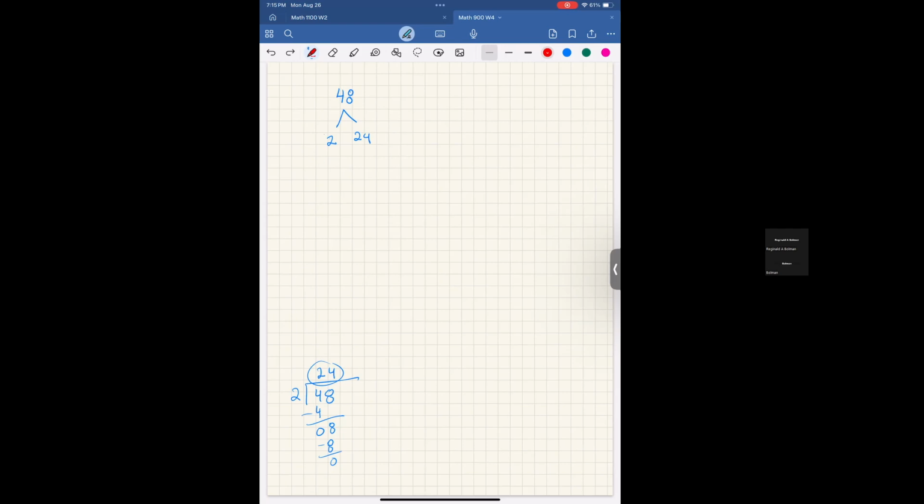So once we find a prime factor, we should stop. But if you look at the 24, 24 will be divisible by 2. 2 times 12 gives you 24. And if I divide 12, 2 times 6 gives me 12. And if I take 6, 2 times 3 gives me 6. And so this is my factor tree diagram.